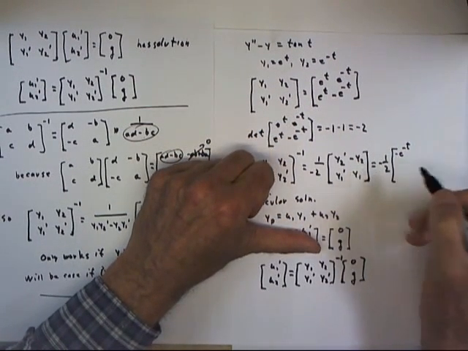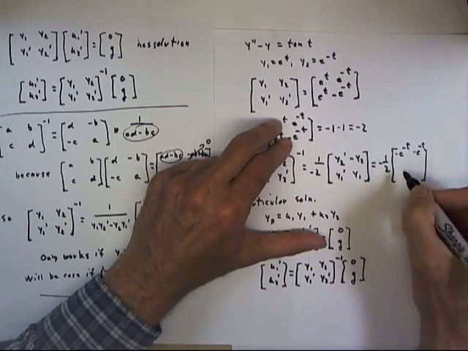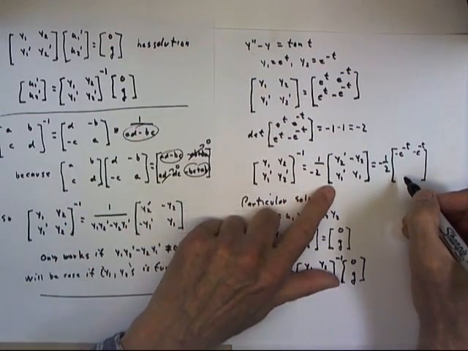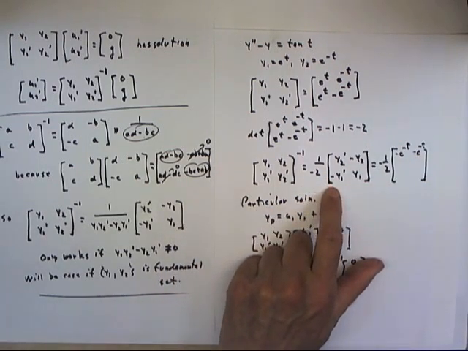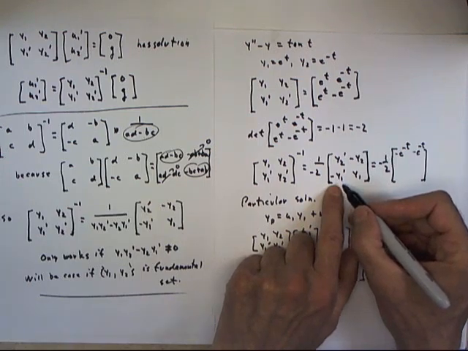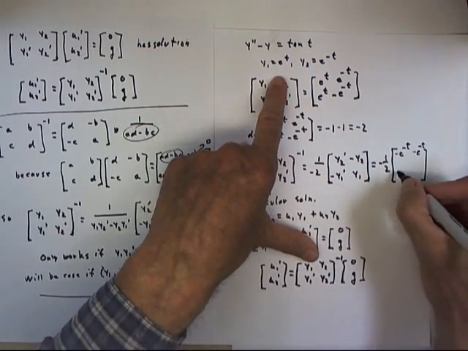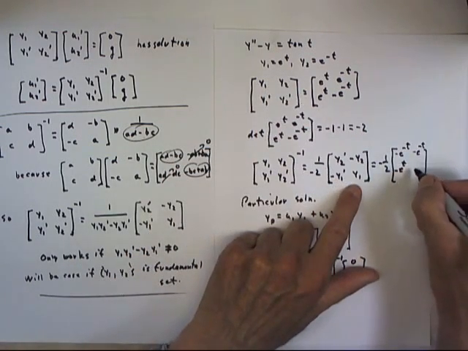And negative y2 is negative e to the negative t. I don't think I wrote my negative down here. I hope you caught that. I didn't. And our negative y1 prime is going to be the negative of the derivative of e to the t, so that's negative e to the t. And y1 is just e to the t.